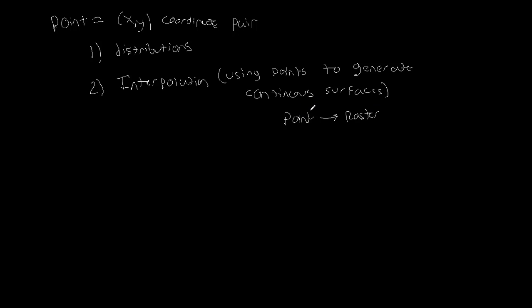Basically, this is point to raster. So in the first series of videos, we're going to talk about distributions: what sort of distributions exist, how we can map the distributions, and how we can assess what sort of distribution we have. Then I'm going to talk about interpolation and some of the methods we can use to generate continuous surfaces or rasters given some point data.